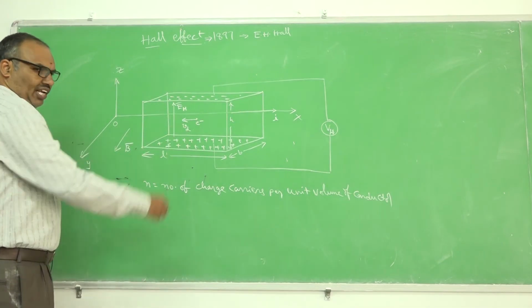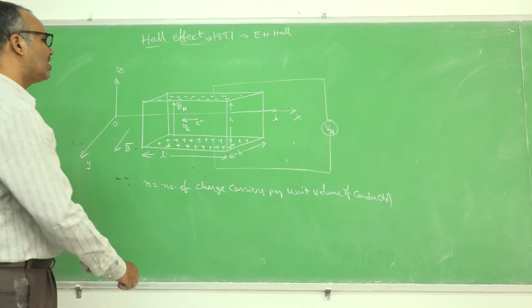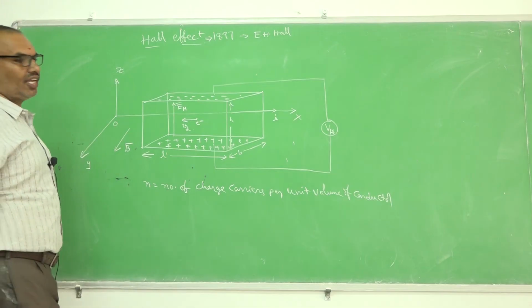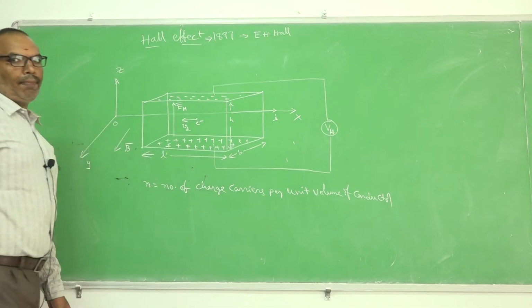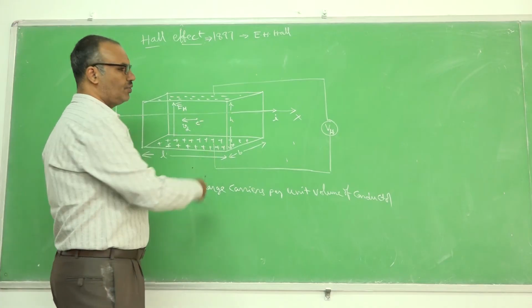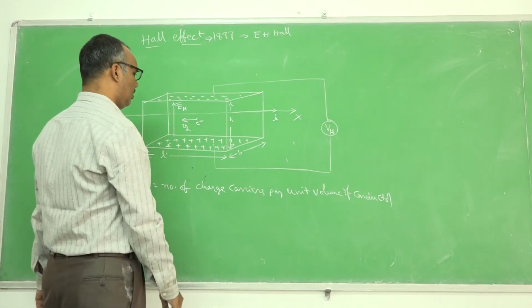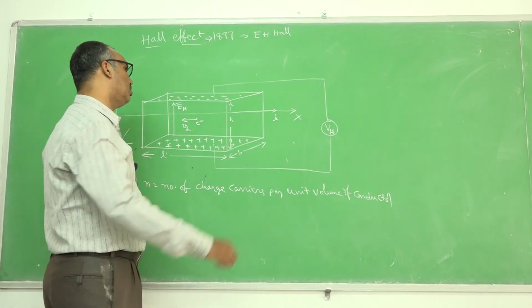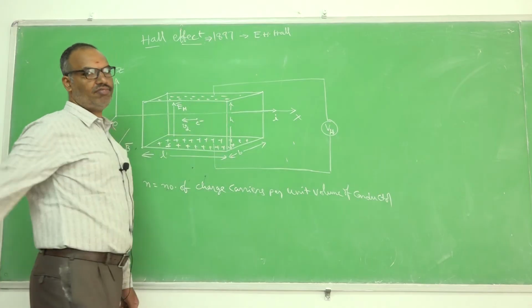I is the strength of electric current passing through one set of faces. B is the strength of the magnetic field applied perpendicular to the direction of motion of current across the other two sets of faces. And VH is the Hall potential developed on the other set of faces.